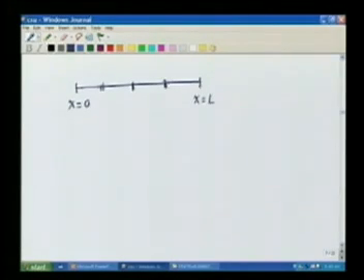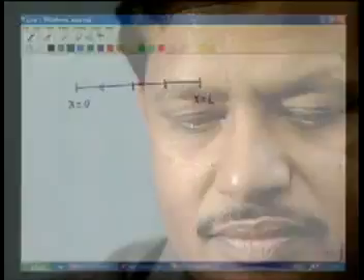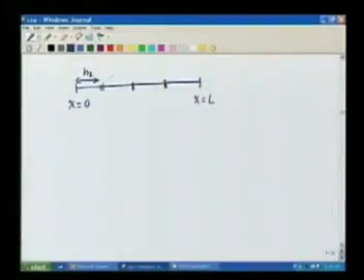By putting these extra points in the domain, I can put them with size h1 here, h2, h3 and h4.